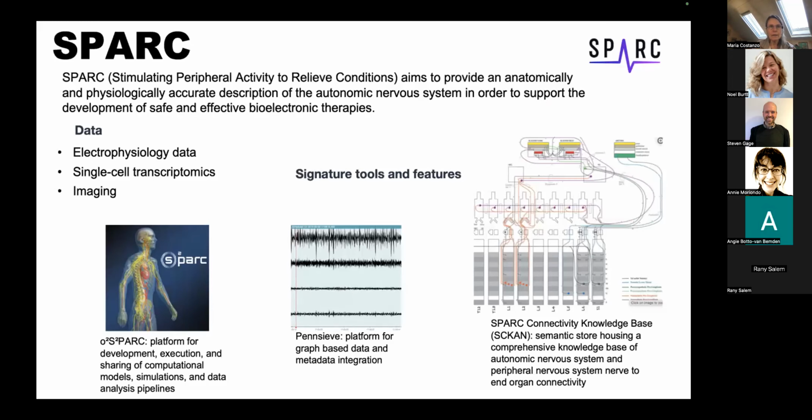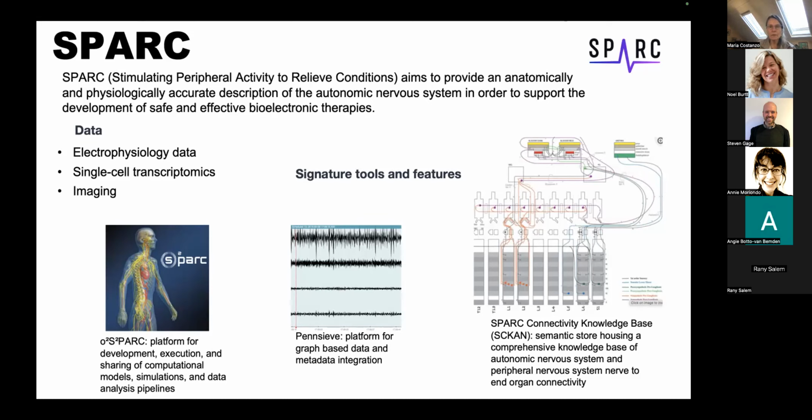Okay, SPARK, or Stimulating Peripheral Activity to Relieve Conditions, is about bioelectronic therapies, which I also wasn't really aware of. I guess that using electronic therapies for neurological conditions is a really promising area of research, but we don't know enough about the autonomic nervous system to do that.